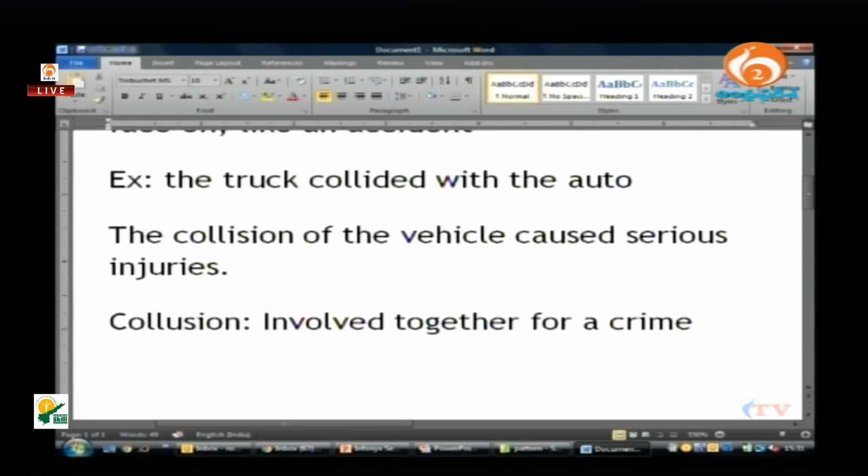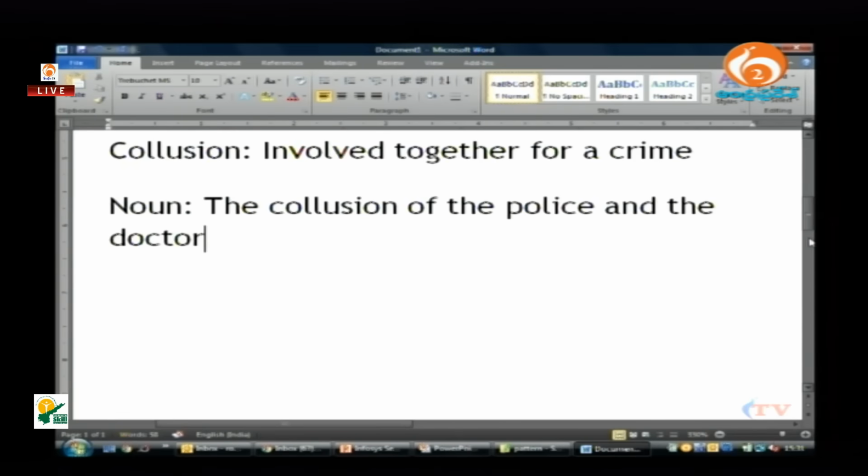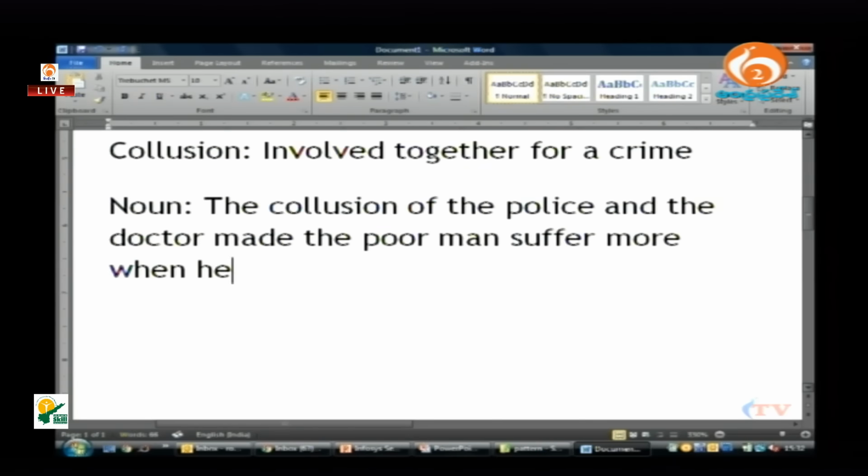Let me use this as a noun form, then as a verb form. The collusion of the police and the doctor made the poor man suffer more when he wanted to report the accident. That's a noun.